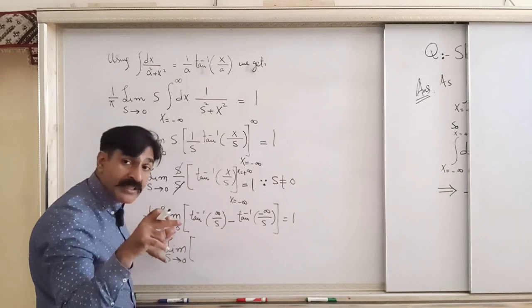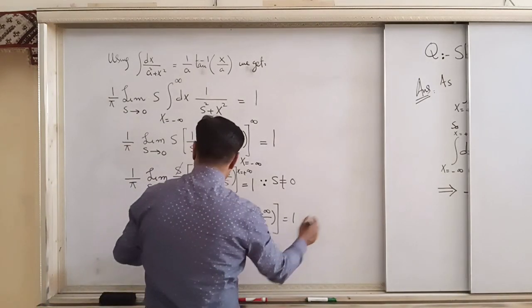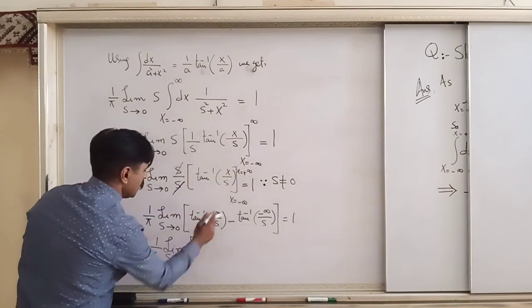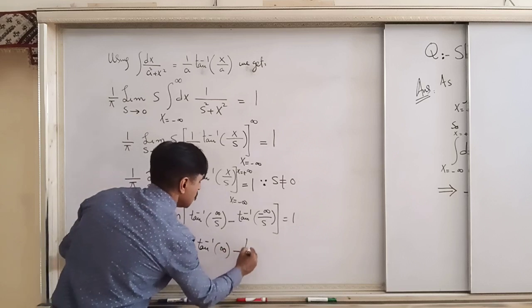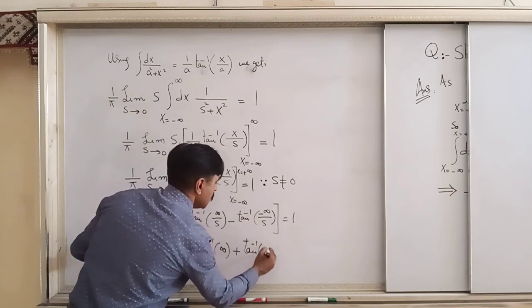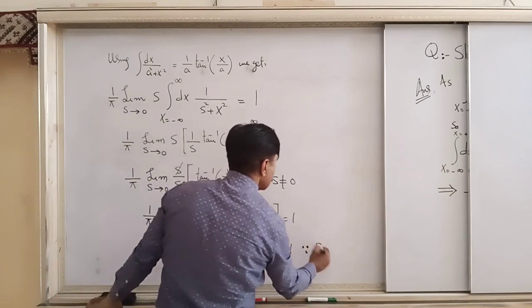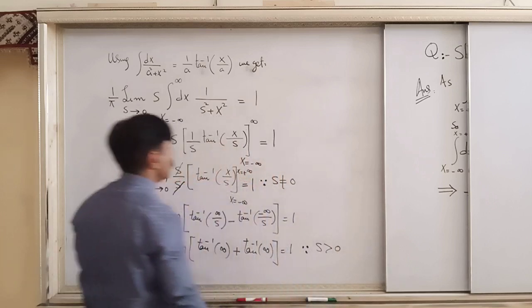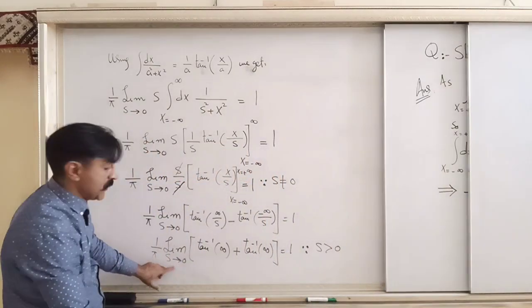Then that 0 is not negative, it is always positive. Okay, and so you apply tangent inverse infinity, this minus sign will get out, tangent inverse infinity equal to 1, because s is greater than 0. This is fixed by this one. Okay.